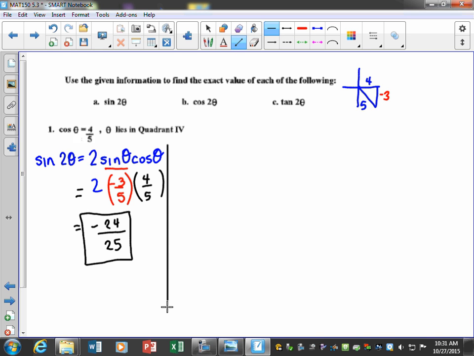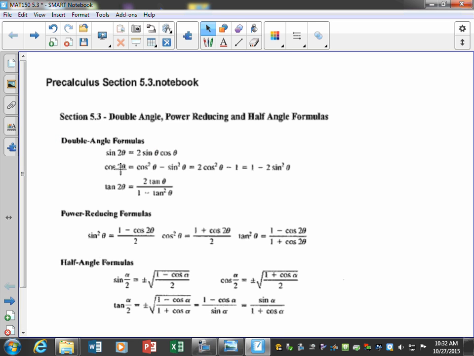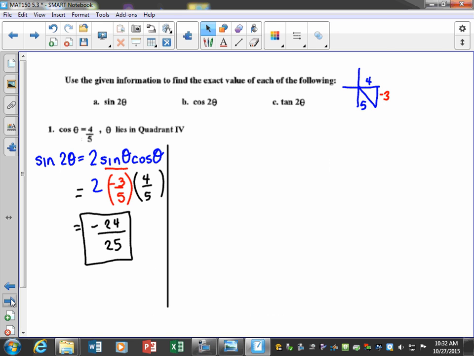Okay, let's do cosine of 2 theta. So let me go back to the previous page. Cosine of 2 theta can have different variations. I'm just going to use this first one, cosine squared theta minus sine squared theta. Other times it may be more suitable to use one of these. It just depends on the problem, but we're just going to use this particular one. So let's write our formula.